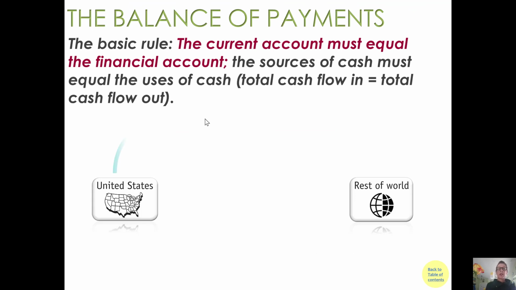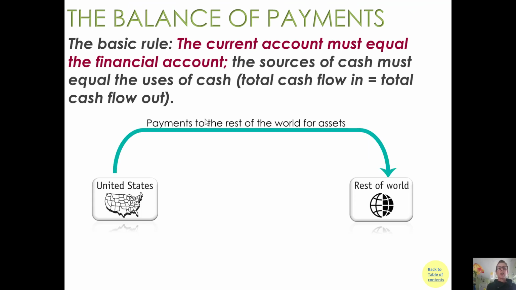So here's a visual way to think about it, if it's taking a while for your brain to wrap around this. The current account must equal the financial account because net inflows of cash must equal the net outflows. In other words, if the U.S. is going to pay for all of the imports that we're doing, that cash needs to come from somewhere, right?